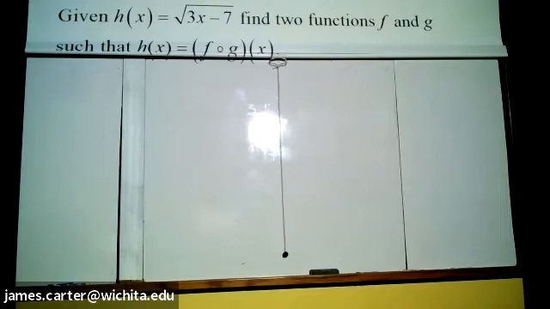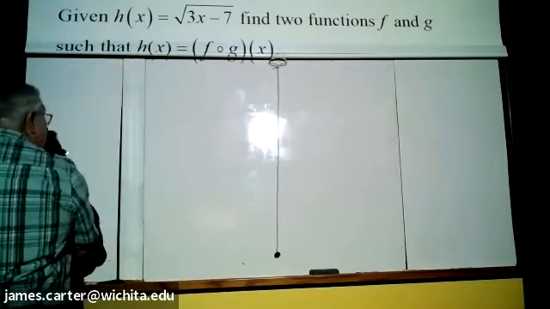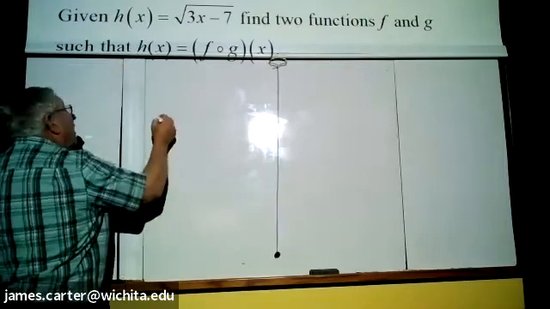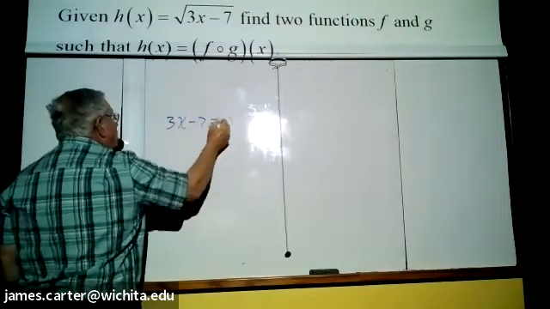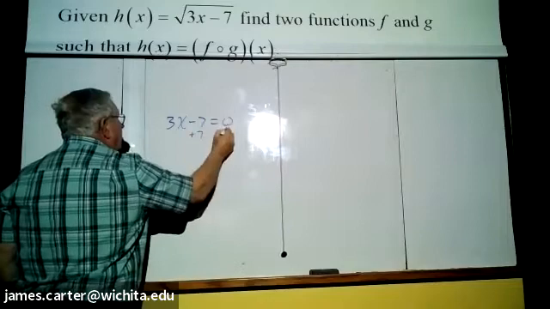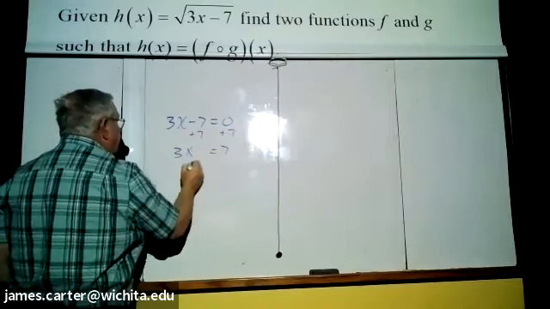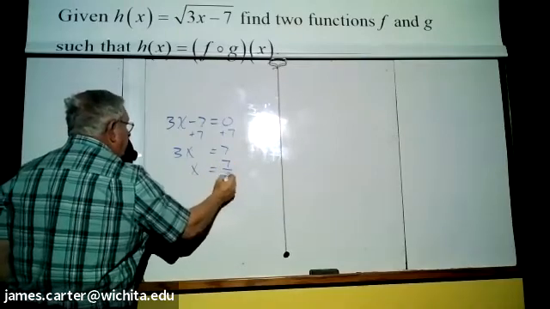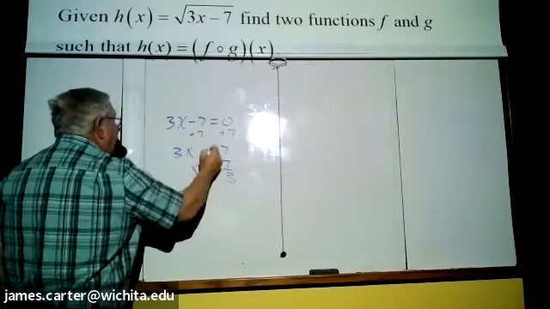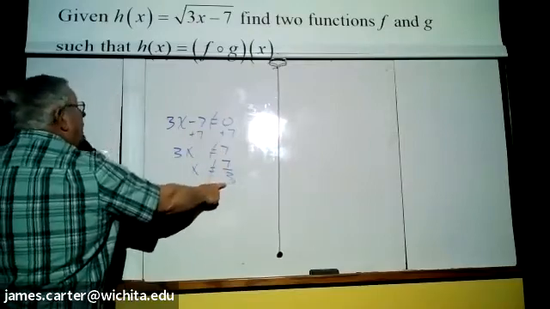Okay, in this case, we've got a radical. Do I have a domain value I can't use? 3x minus 7 equals 0, plus 7, 3x equals 7, x equals 7/3. That is a value that we cannot have.